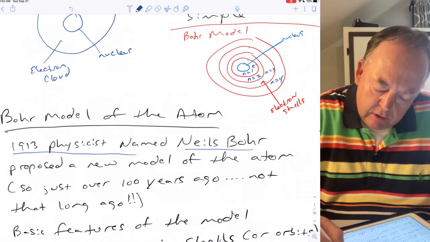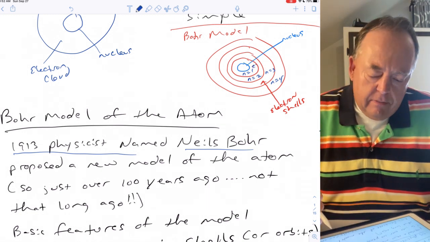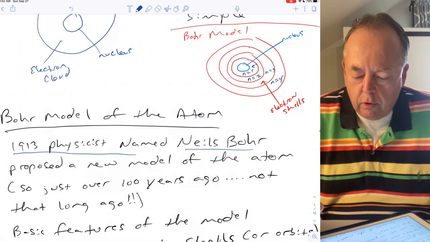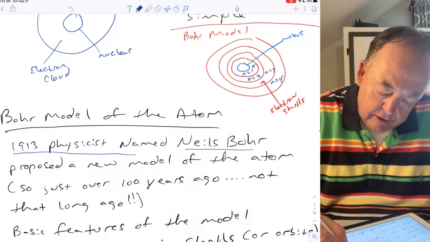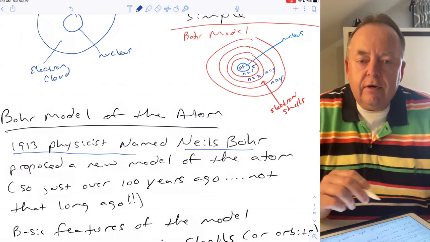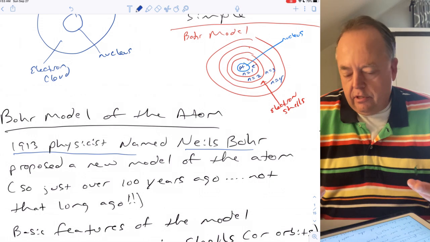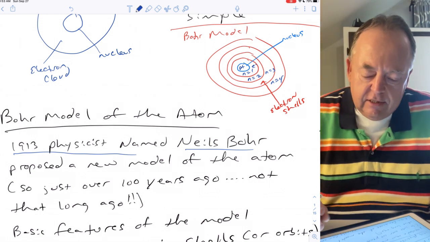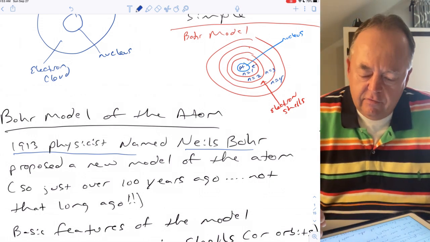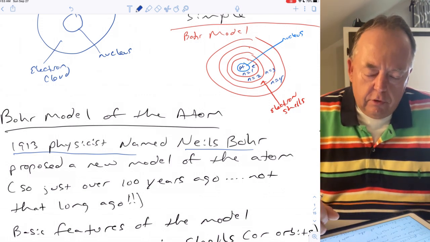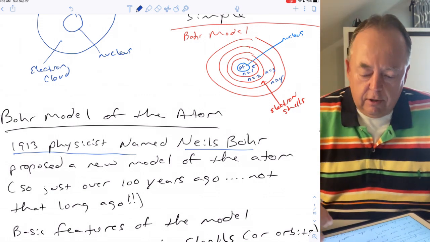Why would the electron be most stable there? Well, electrons are negatively charged, and your positive charges are in the nucleus, right? So if the electron is in the first shell, it's closest to the nucleus, and there's an electrostatic attraction between the positive and the negative, which is stabilizing. So being as close to the nucleus as possible is the most stable place for the electron.